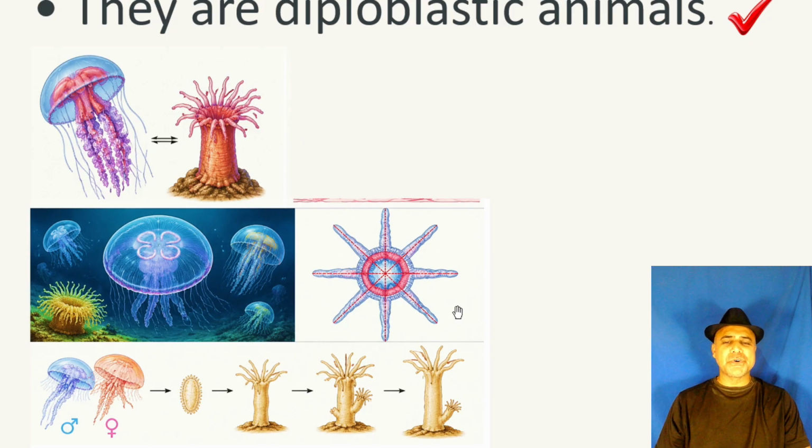This diagram shows they are radially symmetrical. Body can be divided into two equal halves along this line, also along this line, also along this line, also along this line. That's why they are called radially symmetrical organisms.